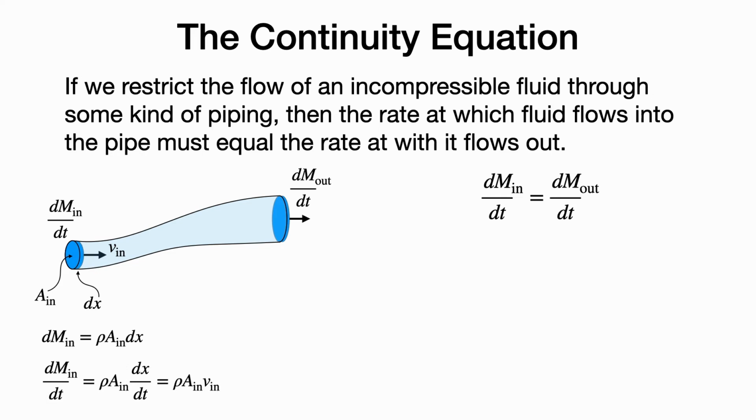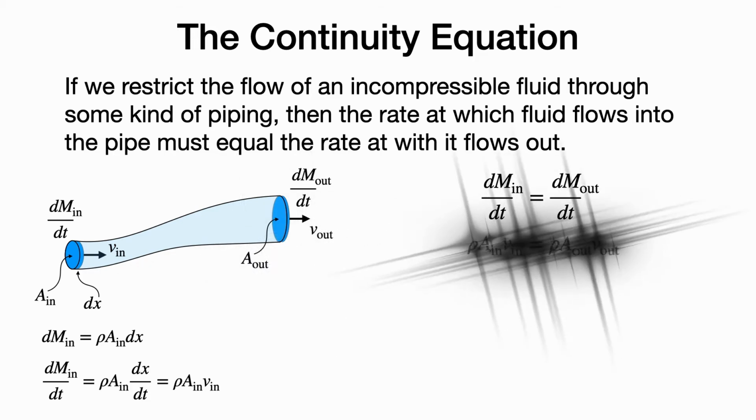So that means that the rate at which fluid is flowing into the pipe is going to be given by the density of the fluid times the cross-sectional input area times the velocity with which the fluid is flowing into the pipe. We can do the same thing at the output end of the pipe.